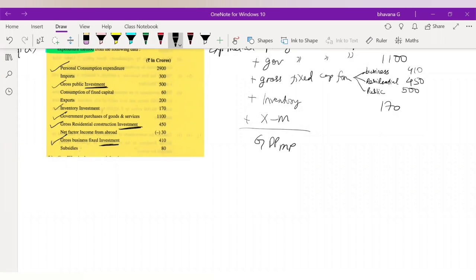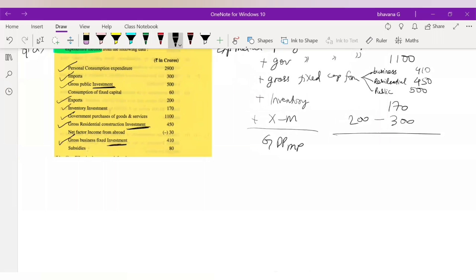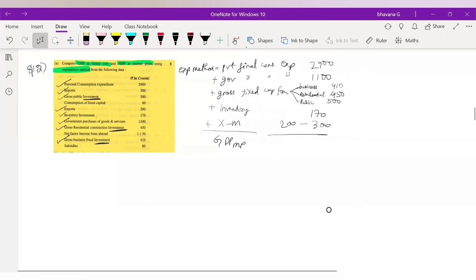So here your exports they have given you, it is 200, and imports, have they given you any imports? You have to find out. Wait, check. Yes, here they have given you imports 300, minus 300. So if you do 2,900 plus 1,100 plus 410 plus 450 plus 500 plus 170 plus 200 minus 300, you will get a GDP MP of 5430.